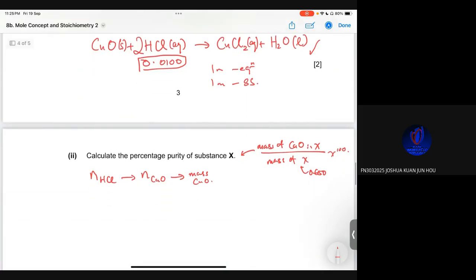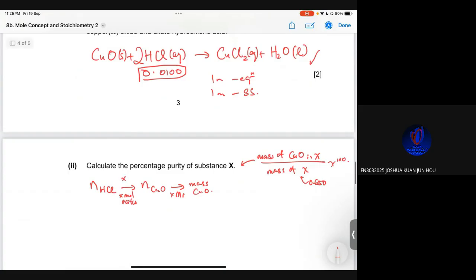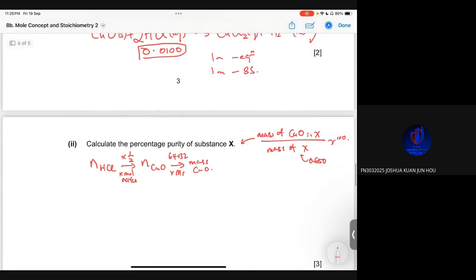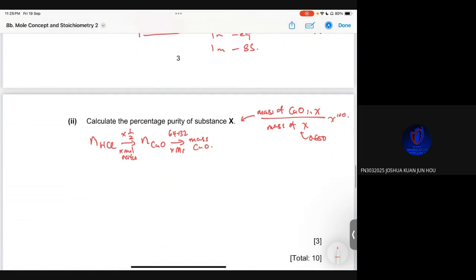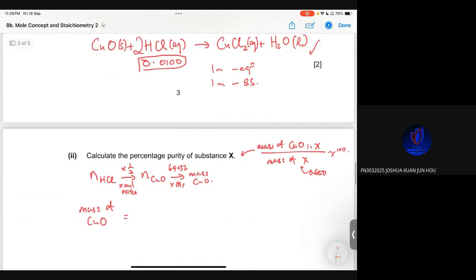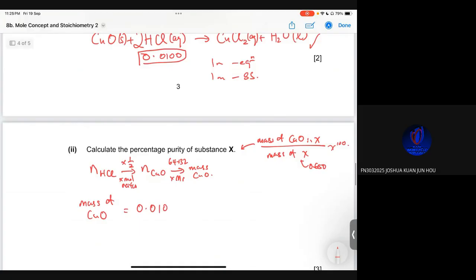To do this, multiply by the mole ratio, and after that, multiply by the MR. The mole ratio is times 1/2. MR will be 64 plus 32, which is 96. So let's do the working now. To find the mass of CuO, it will be 0.0100 multiplied by half multiplied by 96.